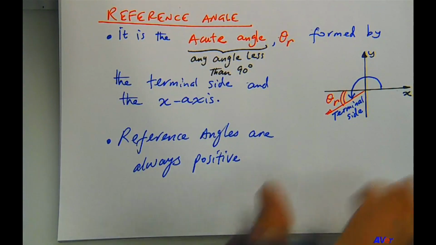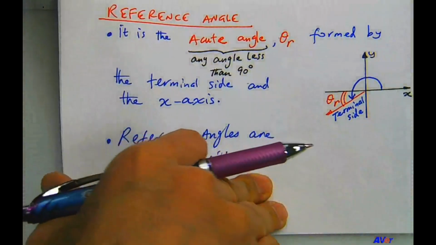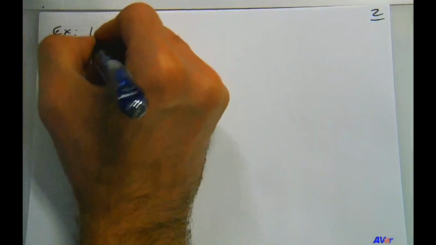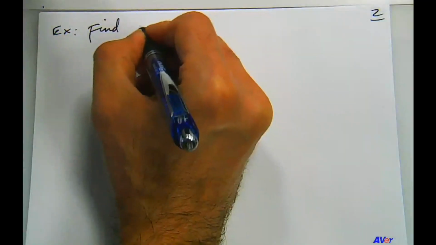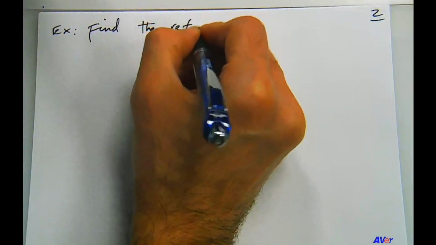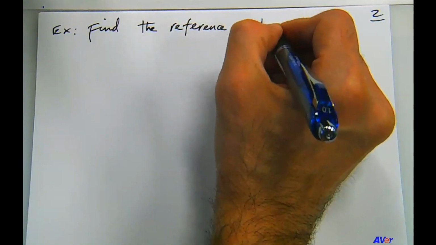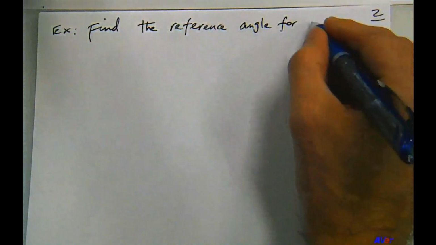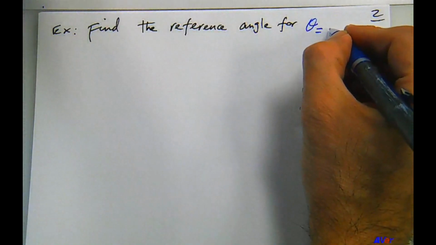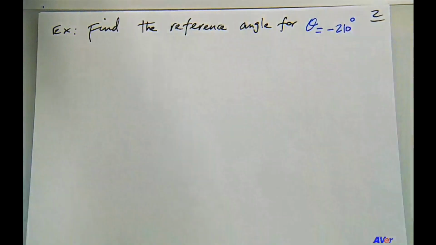having said that, let's give some examples. So we want to find the reference angle for theta equals minus 210 degrees.